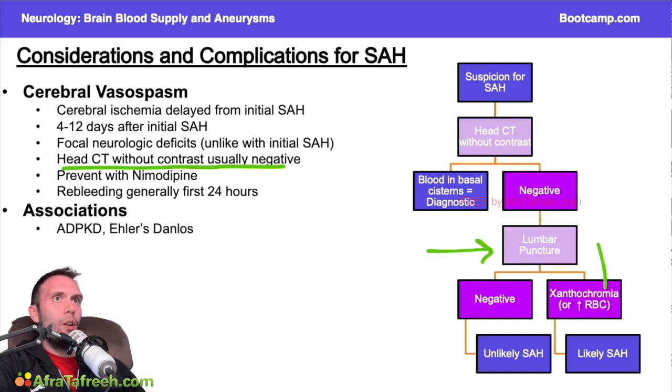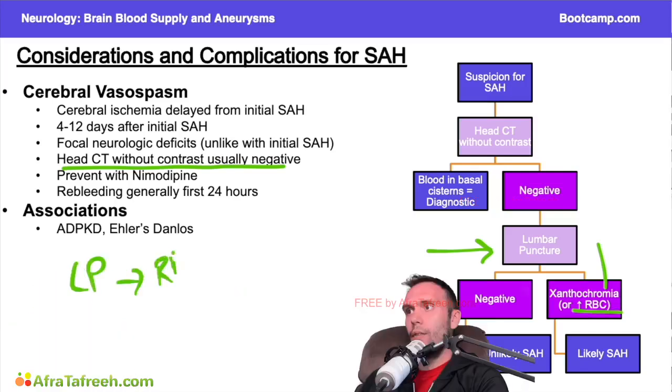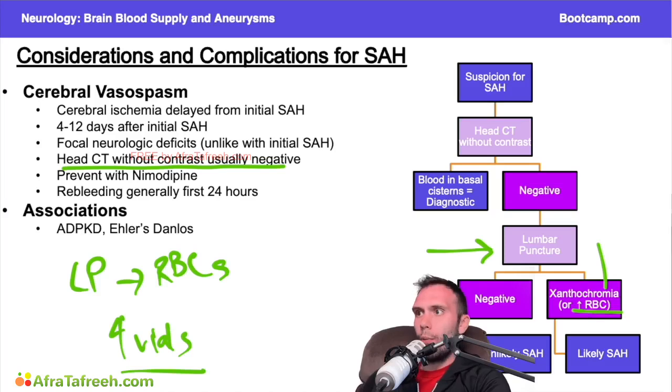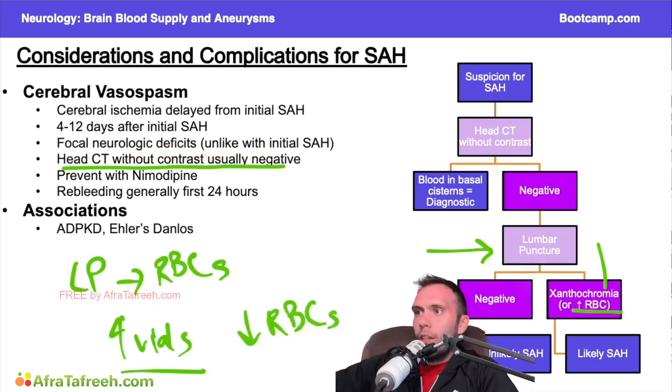You could also see red blood cells in the lumbar tap. Now, if you see red blood cells in a lumbar tap, you have to be very careful about this. When you do an LP, you usually take 4 vials or tubes. You take the first tube, you let the cerebrospinal fluid drip into the tube, then you take the second tube, you let it drip in.